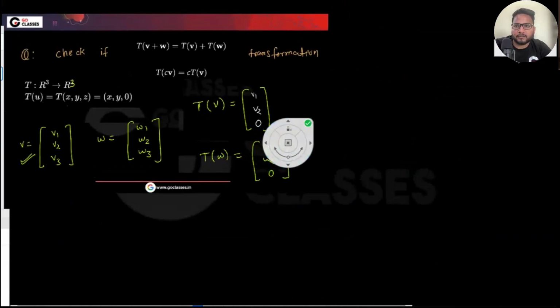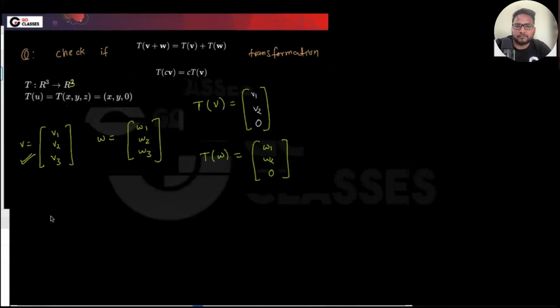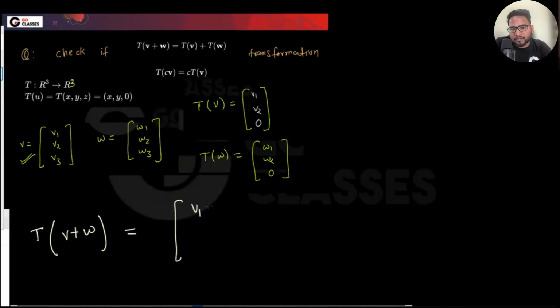If you do something like this, T of V plus W, it will be V1 plus W1, V2 plus W2, and then V3 plus W3, but you are taking T of this, then it will be just 0 in the last coordinate, right? Or you first take T of V and T of W and then you add them.